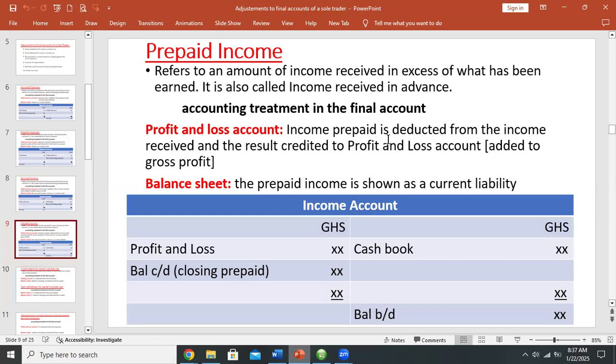So you less it. And in the balance sheet, it is a current liability. It is a liability because you have not earned the thing. If the school decides, okay, please don't take the students to school again, give us our money, then we'll have no basis to argue. We'll give them the money.